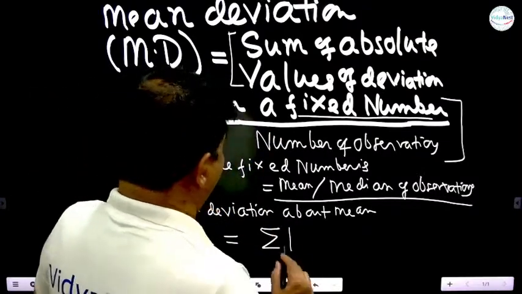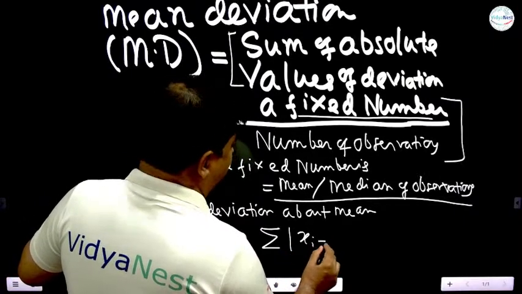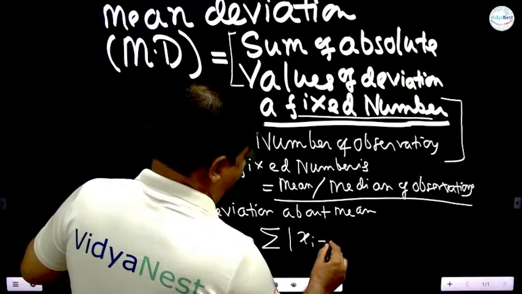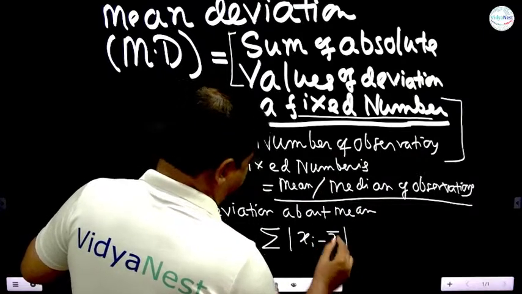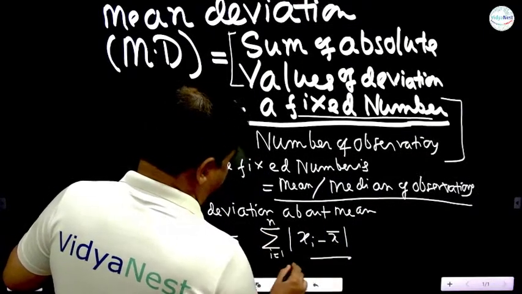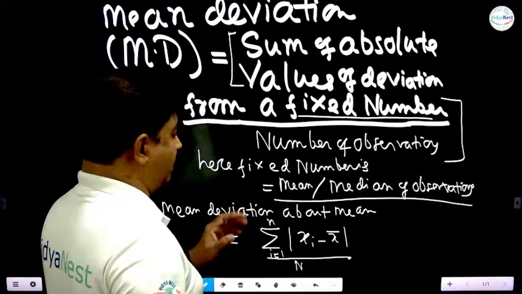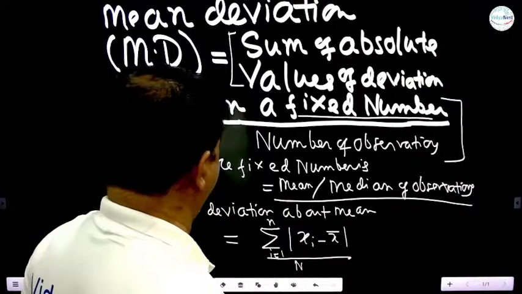Deviation means xi, what is being deviated? Now here mean, i from 1 to n, by total number of terms. That is mean deviation about mean.